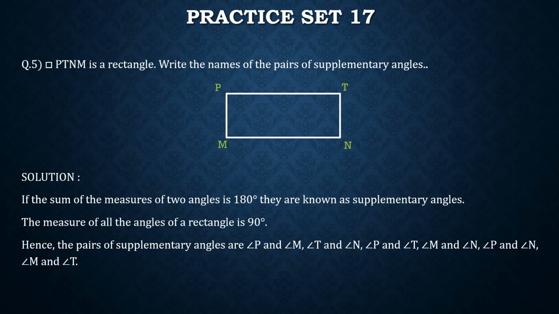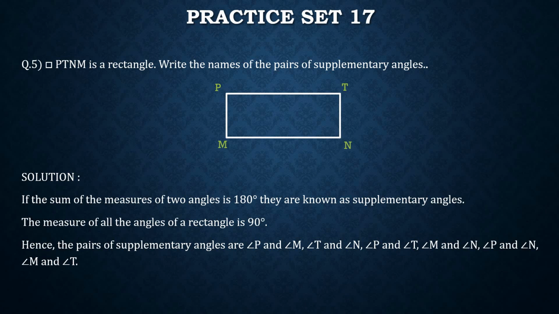So angle P and angle M are a pair of supplementary angles. Similarly, angle T is 90 and angle N is 90. So 90 plus 90 is equal to 180. Hence angle T and angle N are a pair of supplementary angles.